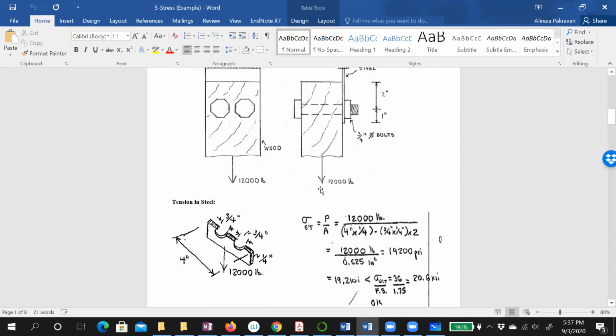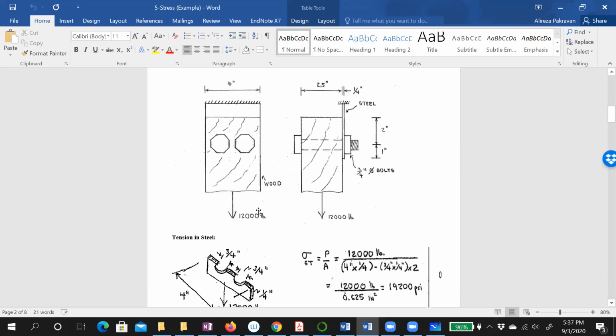Now let's go to the first one, finding the tension in steel. For each element, we should find the maximum tension stress and then compare it with the allowable, right?